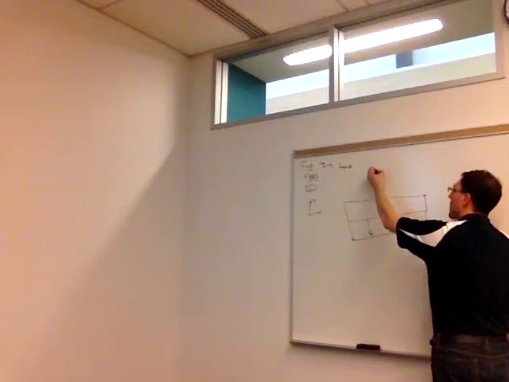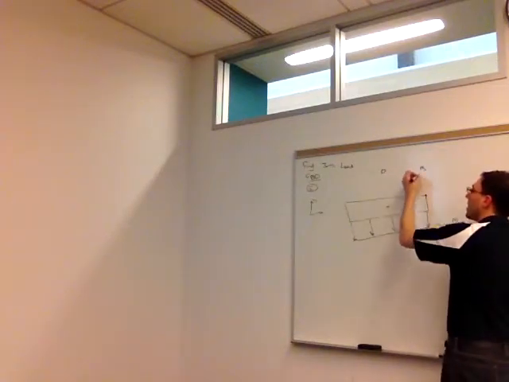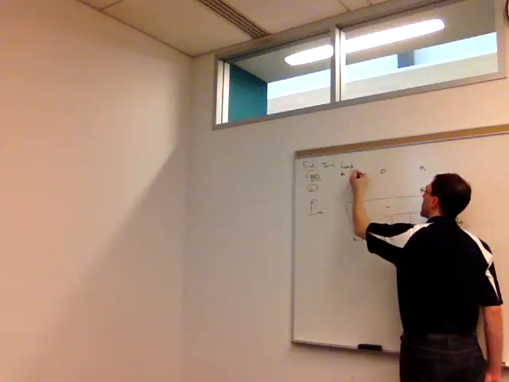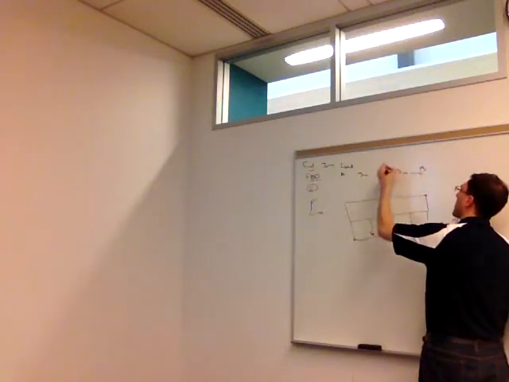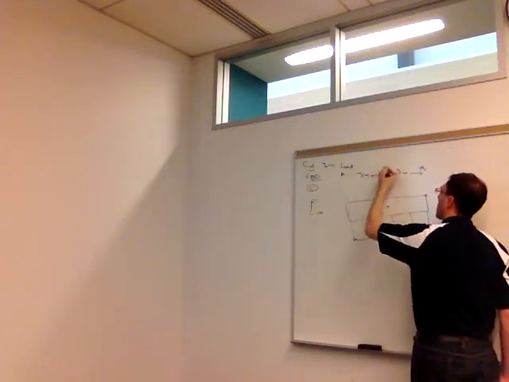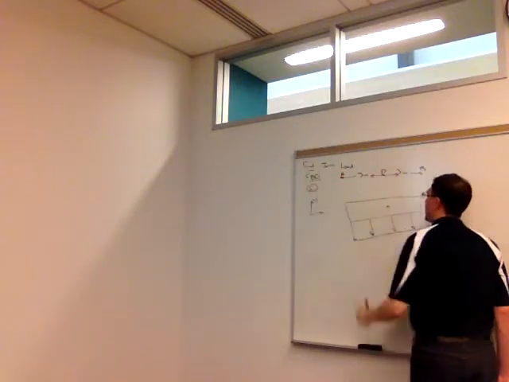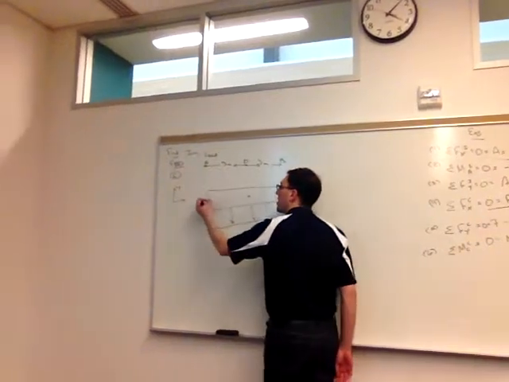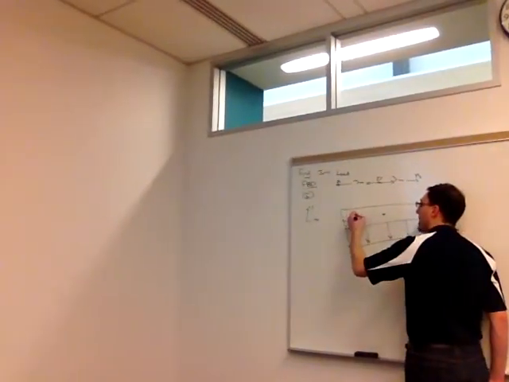And we know that we have a point D, we have a point B, point A. At point A, we have a pin, which will mean we have an AX and an AY.